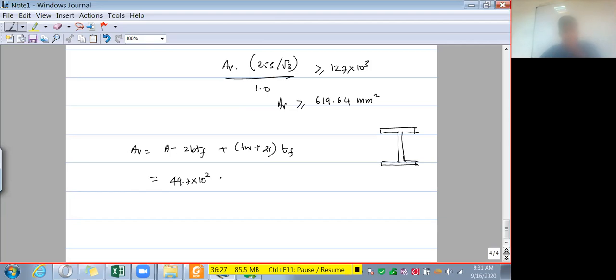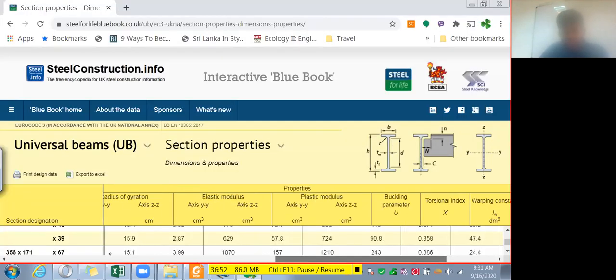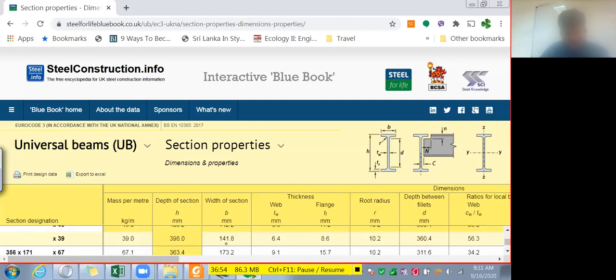I can convert it to millimeters, minus 2btf. Here b is the flange width and tf is the flange thickness, so 2btf means we subtract both flange areas. B we obtain from this table, b is 141.8.